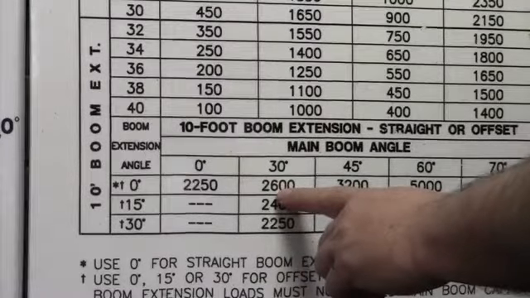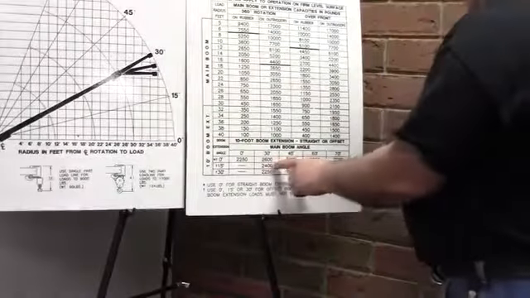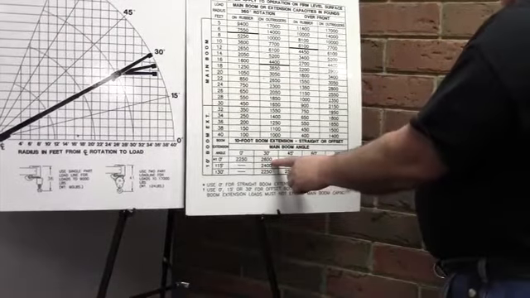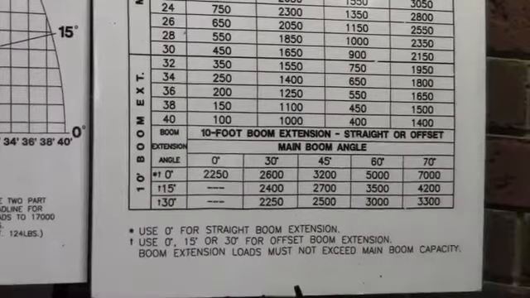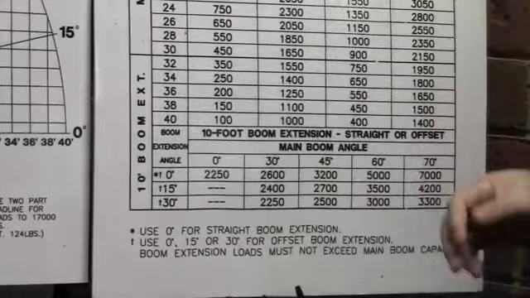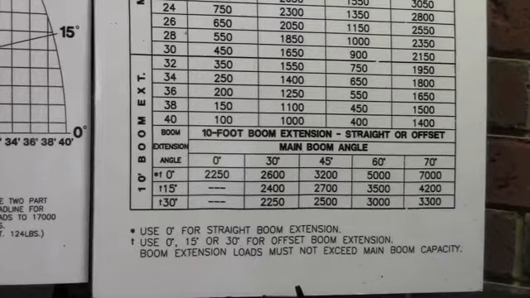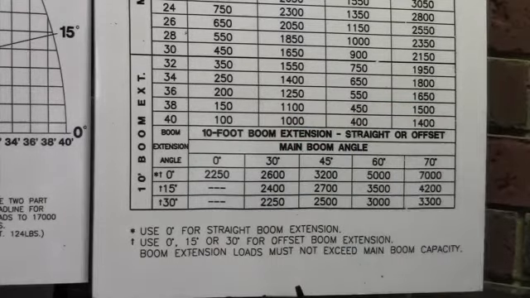When the boom of the crane is at 30 degrees, this angle here, I have a 2,600 pound capacity. When the boom of the crane is at 45, I have a 3,200 pound capacity, and all the way to the point where your boom is almost standing straight up at 70 degrees, I have a maximum of 7,000 pound capacity. Now this chart right here just gives you the capacity of the jib itself.